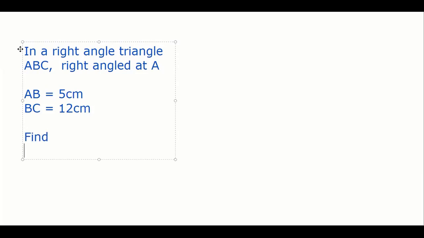Find sine of B, cos of C, and tan of B. This is easy, but you think a little more. I want to see who gets all three right. See the difference: sine B, cos C, tan B.